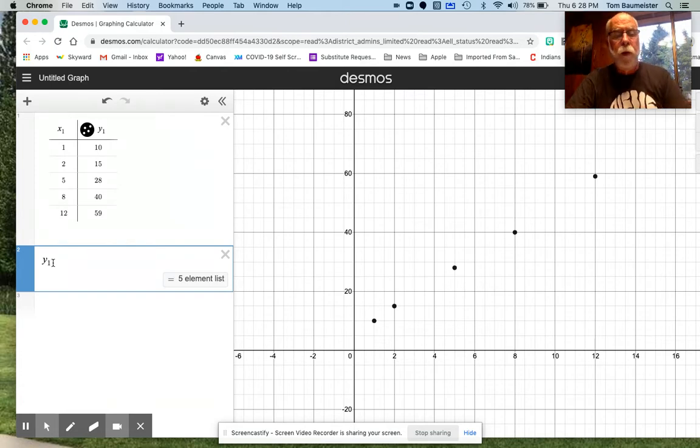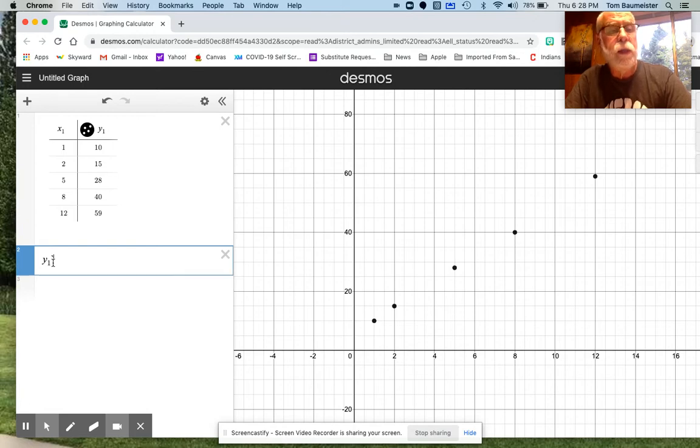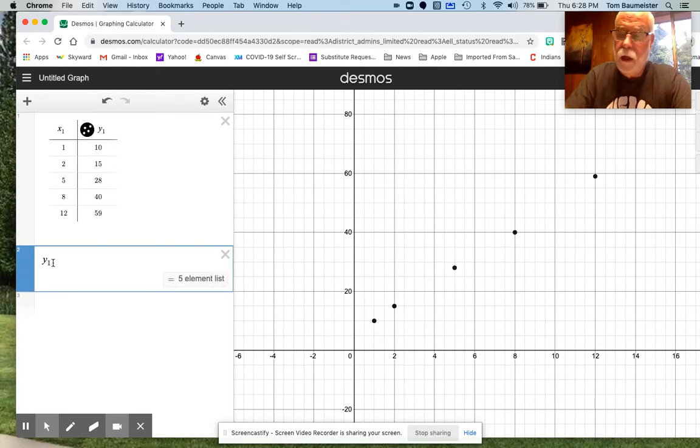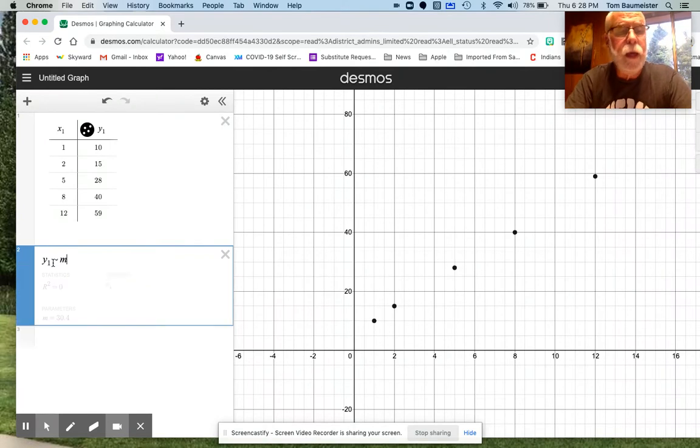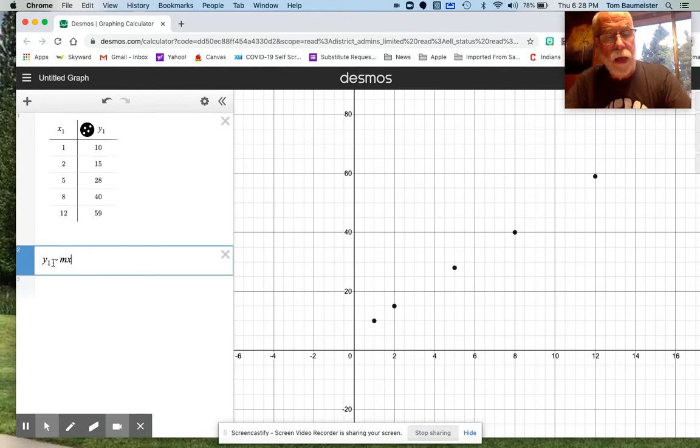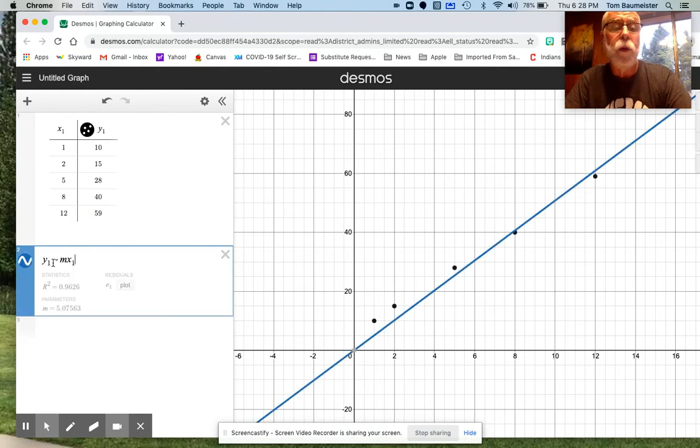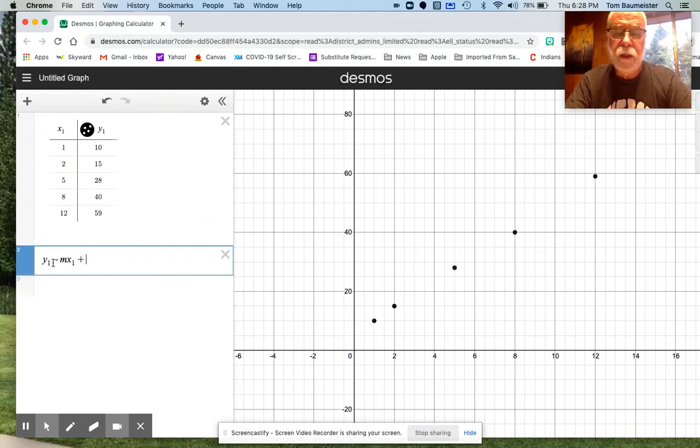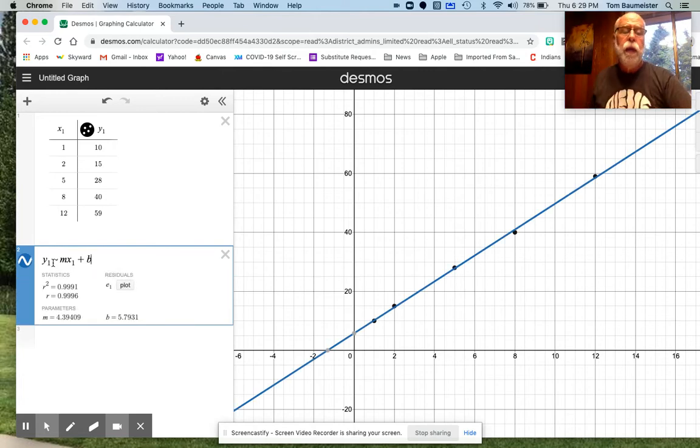And then remember, down there, I told you to hit the ABC, and then you could see the tilde. So if you're just doing it on your computer, it's shift underneath the escape. And then we're going to say M, and then remember it's X. Again, I have to put in the ones. Don't forget the ones. And then I'm going to do a plus B. And that is my line of best fit.